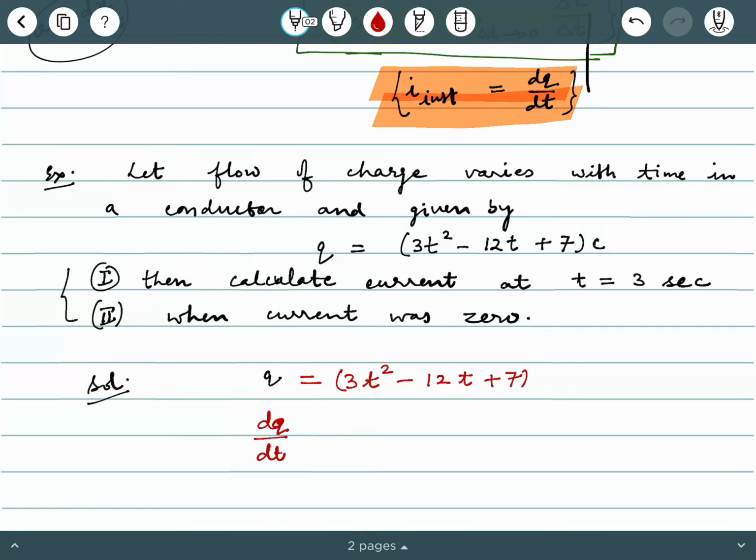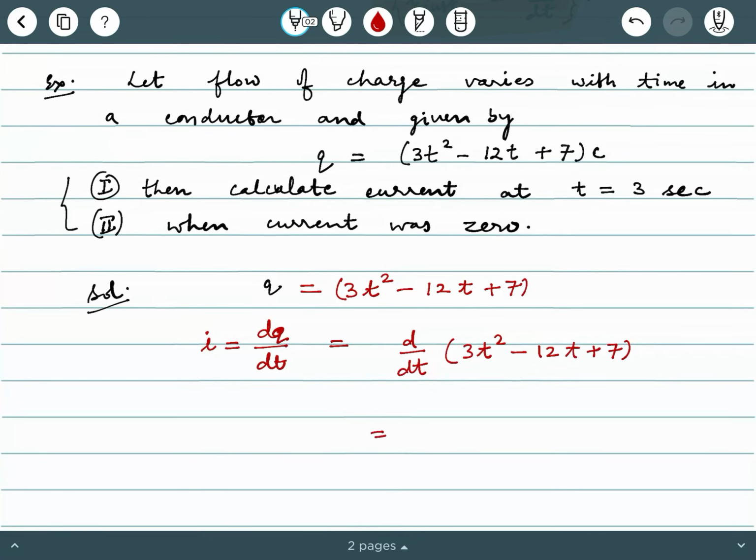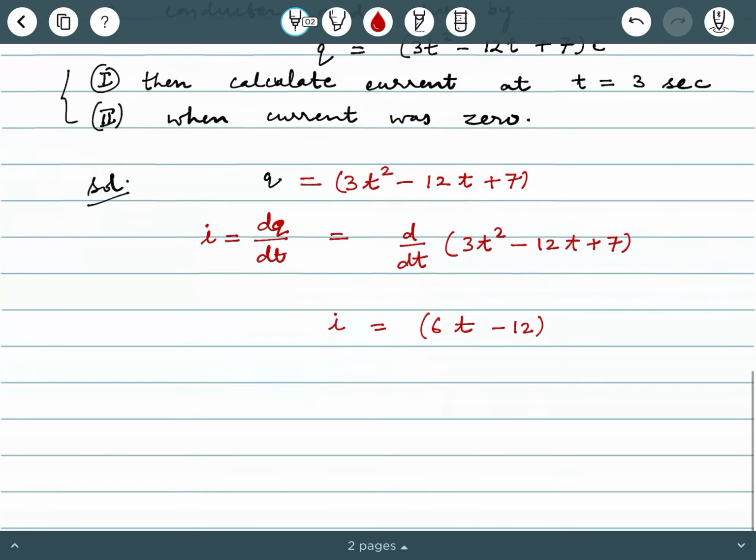So we will differentiate it because I said that I is equal to dq by dt. So d by dt of q means 3t square minus 12t plus 7, and what are we going to get? 6t minus 12. This is the current at any instant.